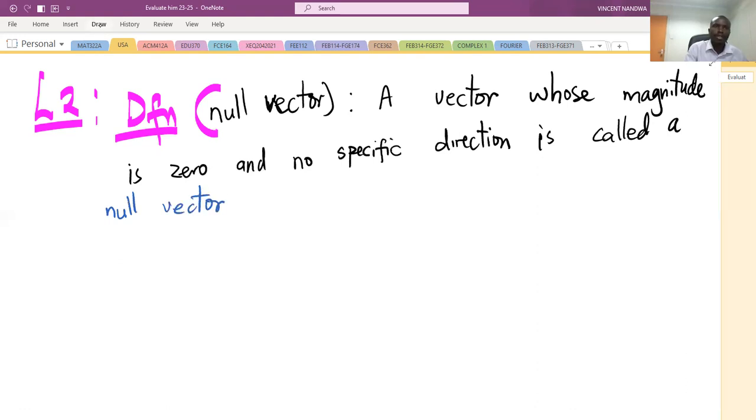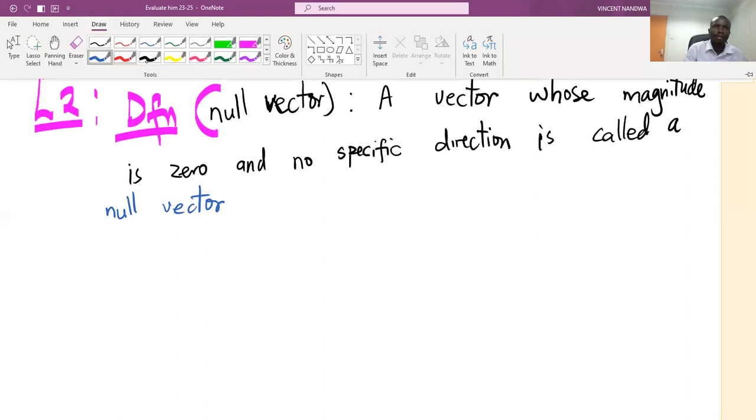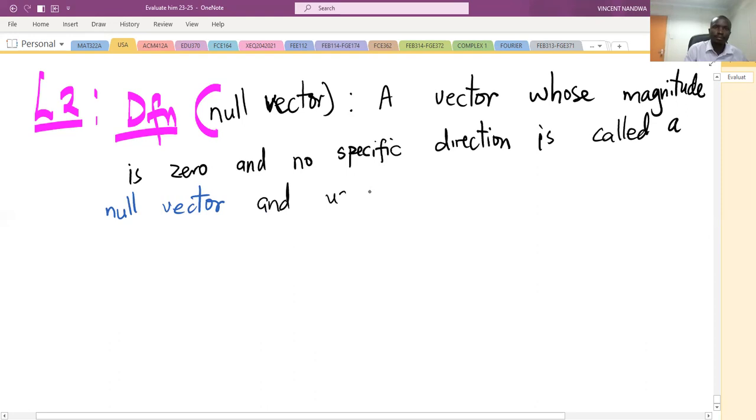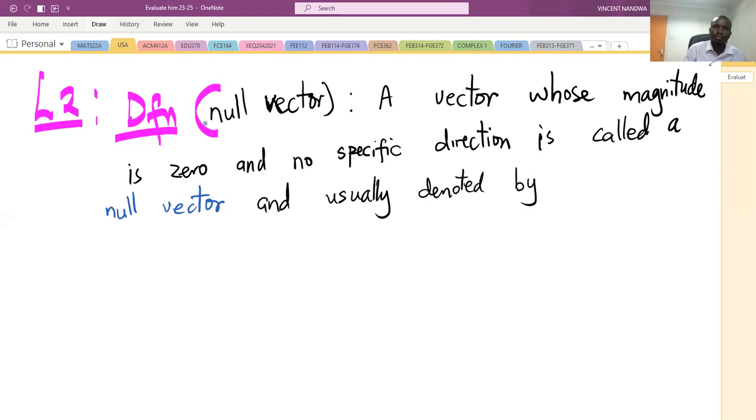And it is usually denoted by 0 with a tilde below it.